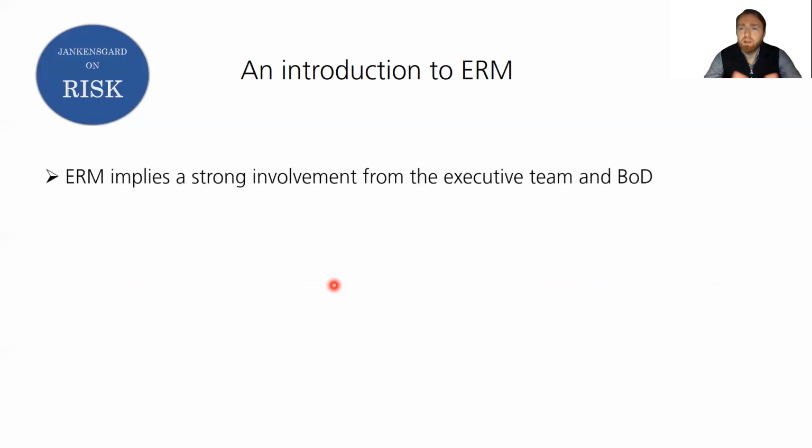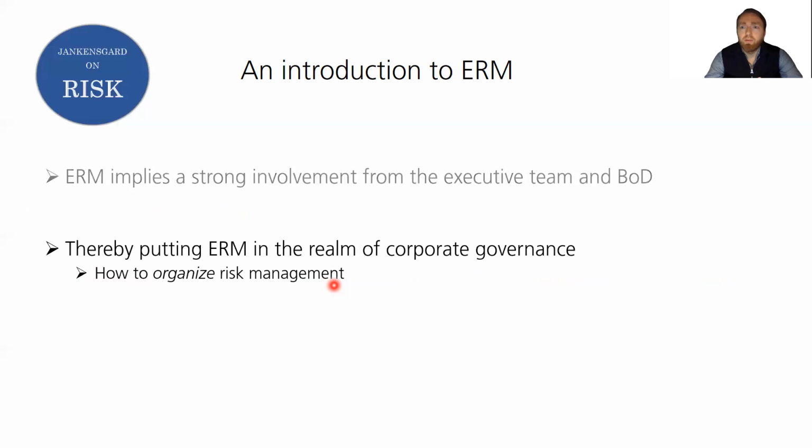And so the leadership of the firm is expected to have an important role now in the risk management process, effectively putting us in the realm of corporate governance, and we're looking to find ways to organize risk management and integrate it with the rest of the organization.